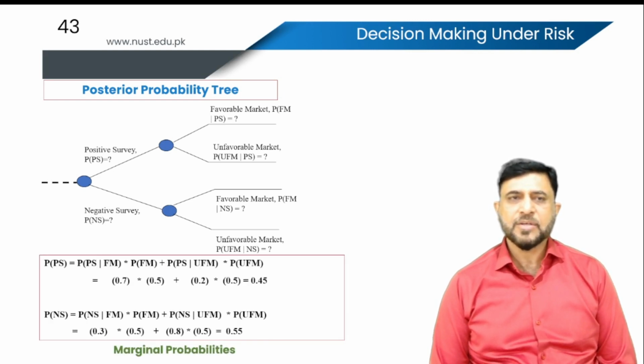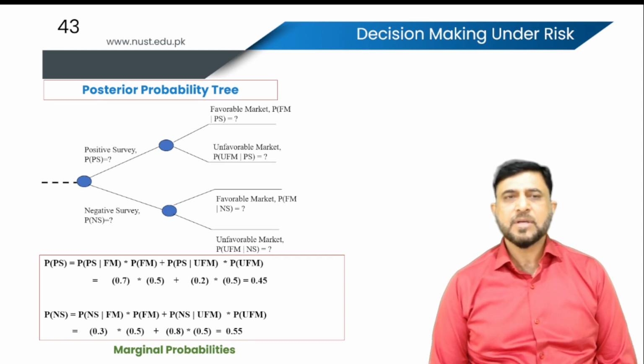With the help of Bayes' theorem, we know that probability of positive survey is equal to probability of positive survey depending on favorable market multiplied by probability of favorable market, plus probability of positive survey depending on unfavorable market multiplied by probability of unfavorable market. So all these things are known, all probabilities are known.